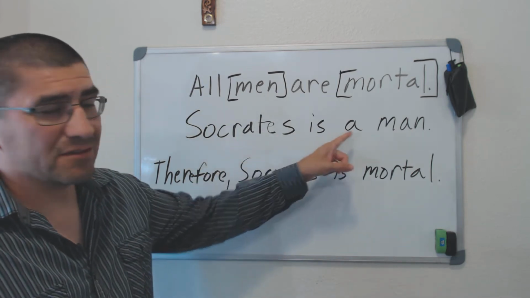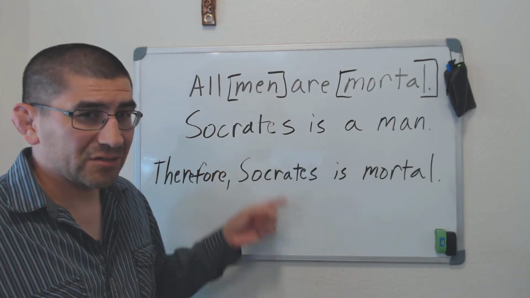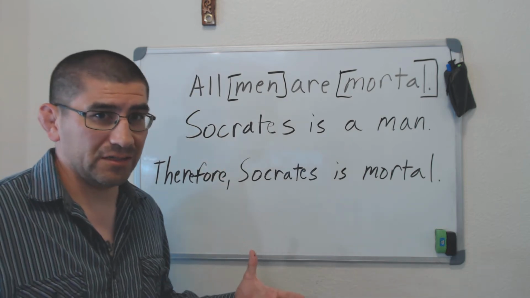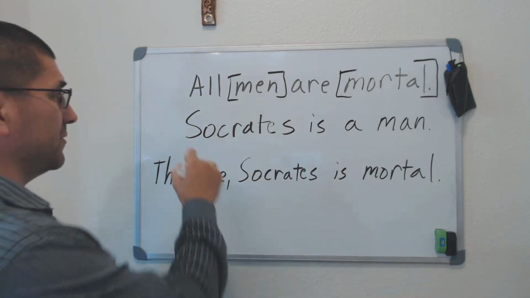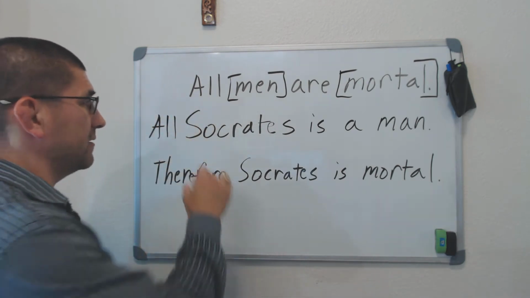So Socrates is a man is actually an A statement, because there's one Socrates and we're talking about all of Socrates. So this would be: all Socrates is a man.